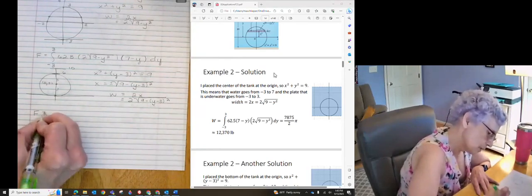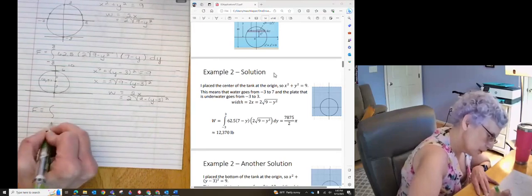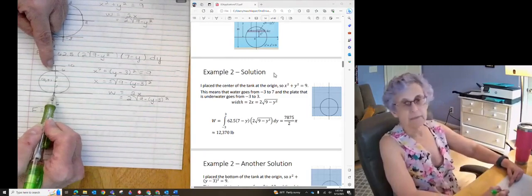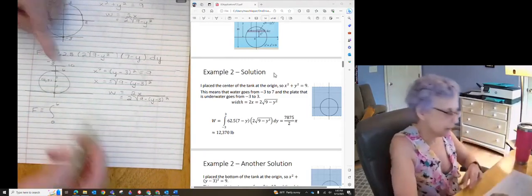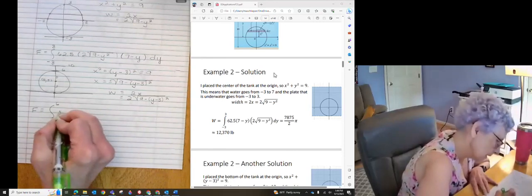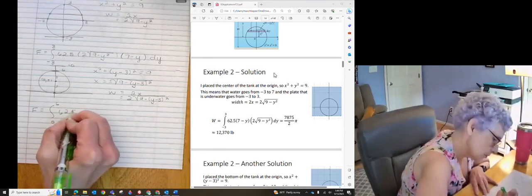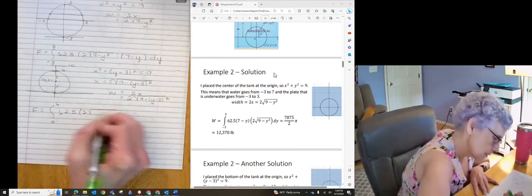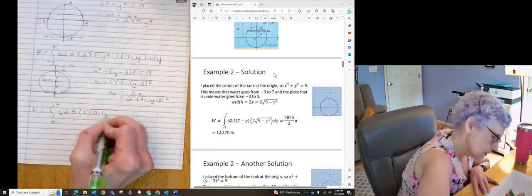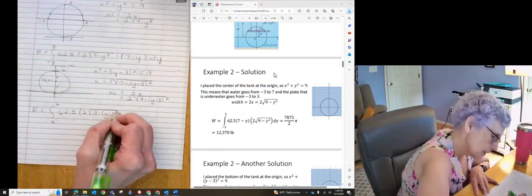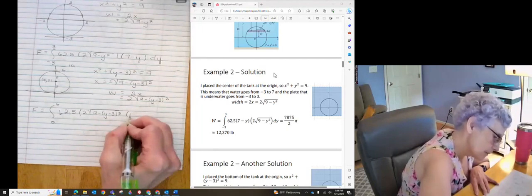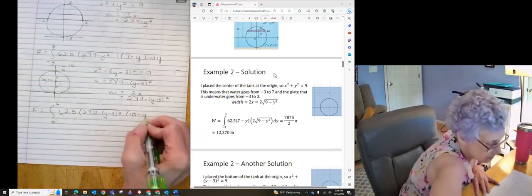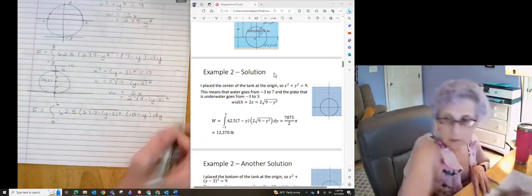So force is equal to the integral from 0 to 6 this time, because that's the boundaries of my plate that's underwater. And we said it was 62.5 pounds. 2 times the square root of 9 minus y minus 3 squared. And now the depth is, the water's 10 feet deep. So 10 minus y dy.